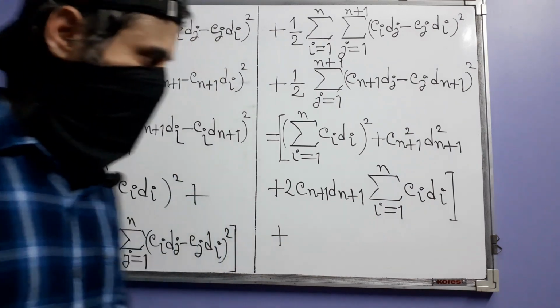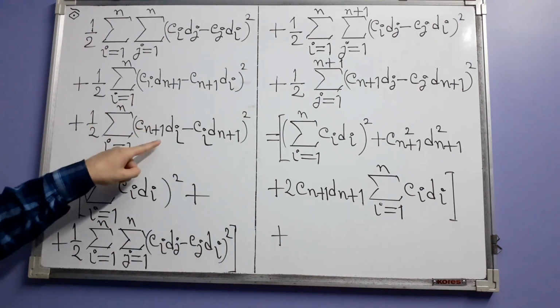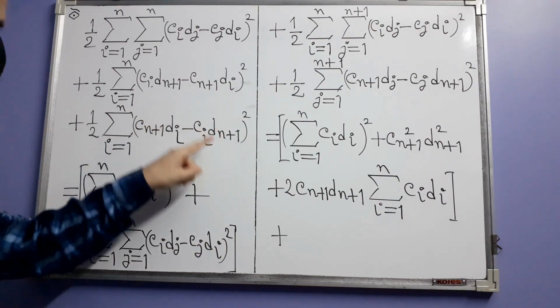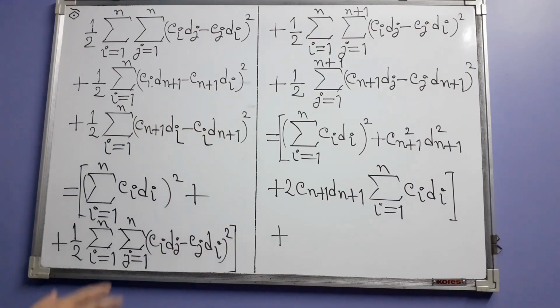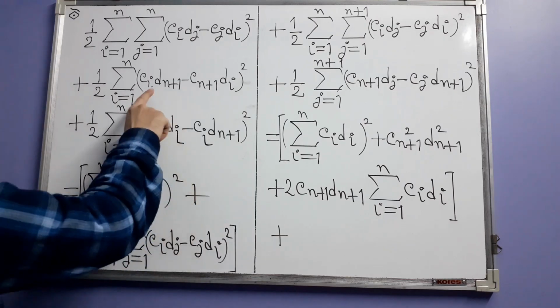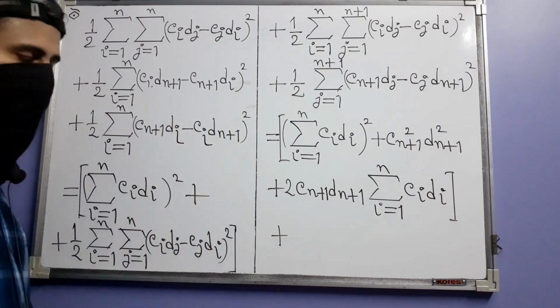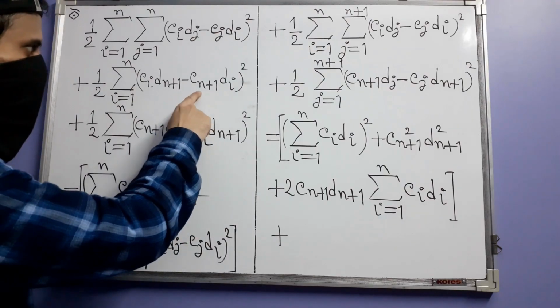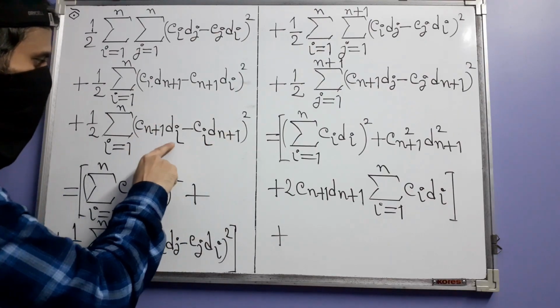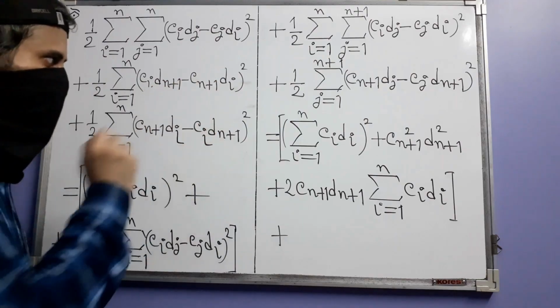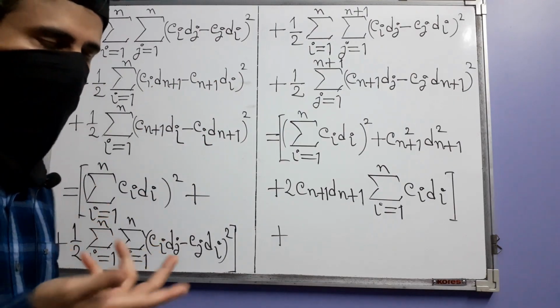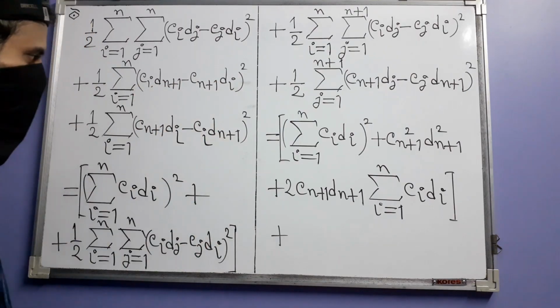Now what do you see? They look almost like the same thing, but not quite. Still we have Ci dn plus 1 here, and here we have minus Ci dn plus 1, minus Cn plus 1 di plus Cn plus 1 di. But actually these two are equal because these are squares, not simply these differences.